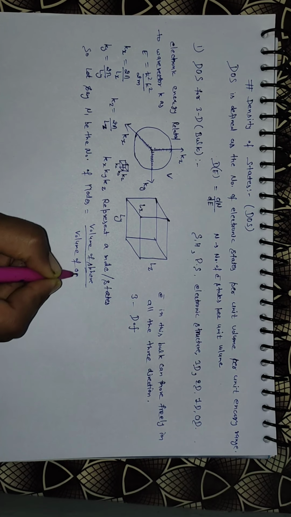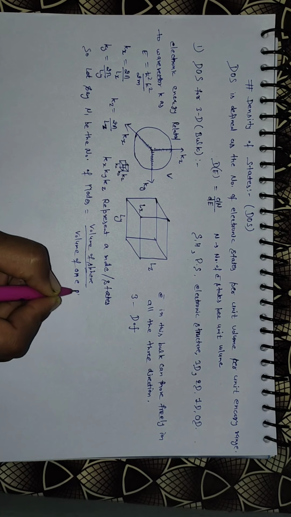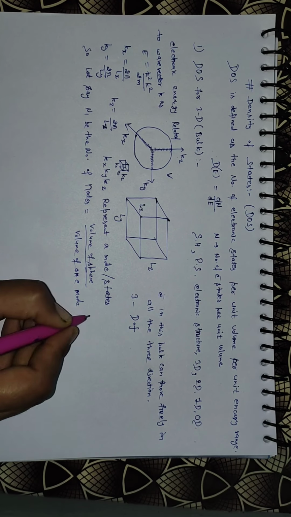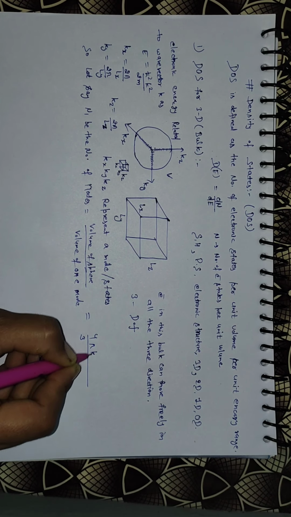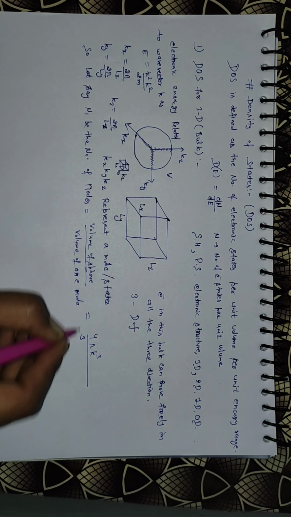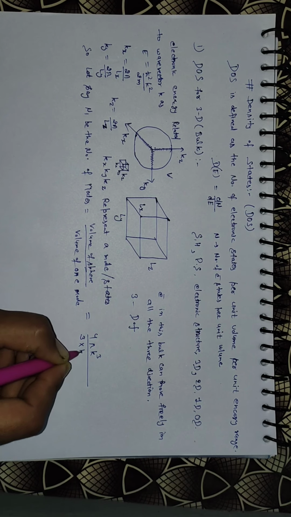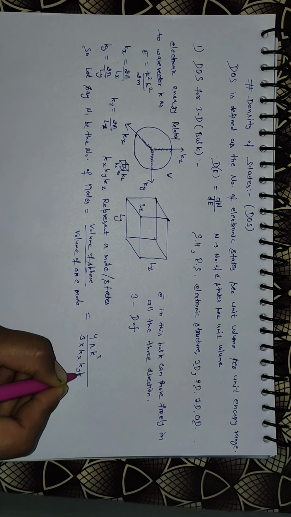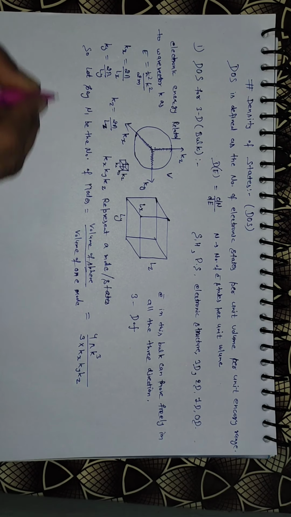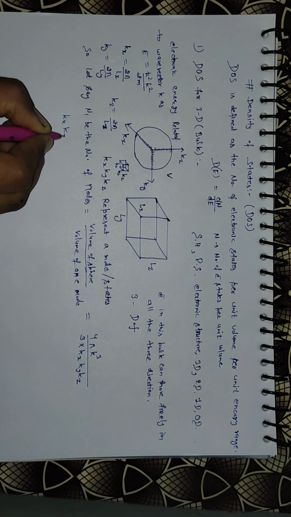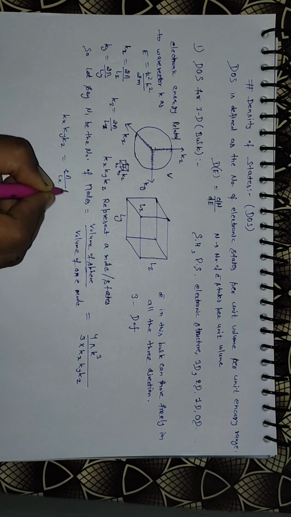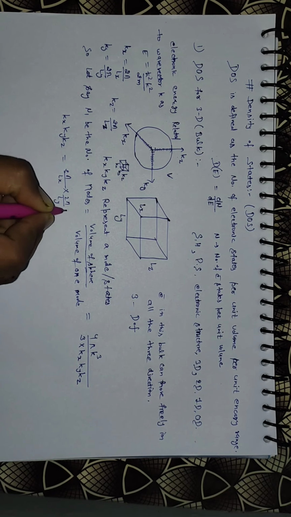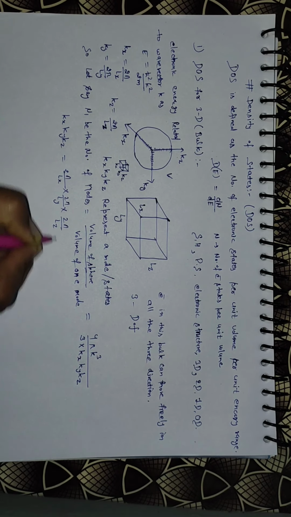The volume of a sphere is 4/3 pi k cube, where k is the radius, and the volume of one mode is kx, ky and kz, which is 2 pi over Lx, 2 pi over Ly and 2 pi over Lz.